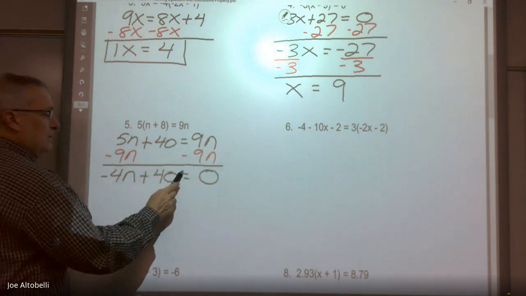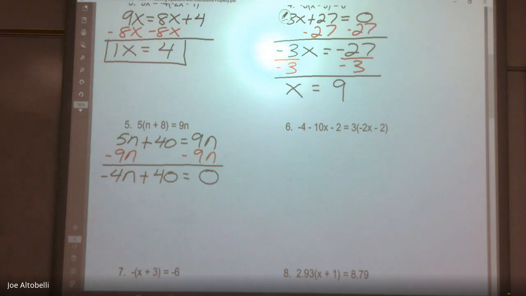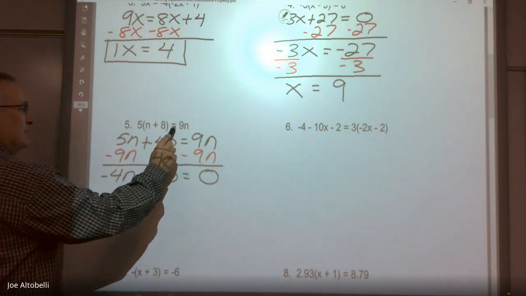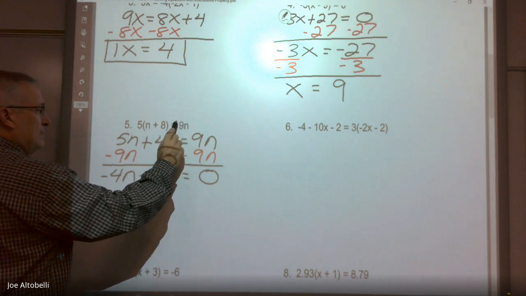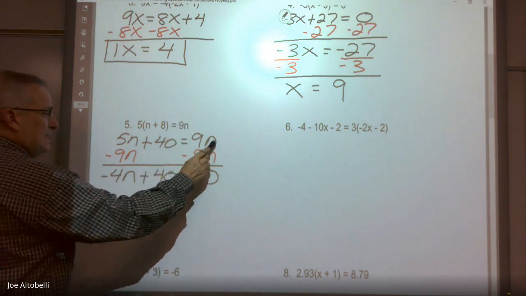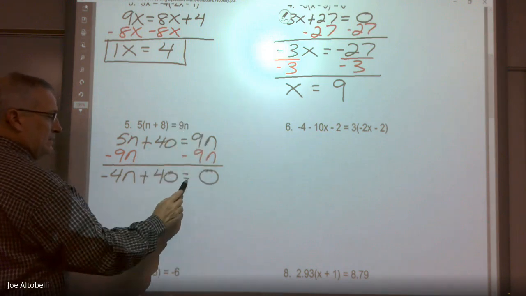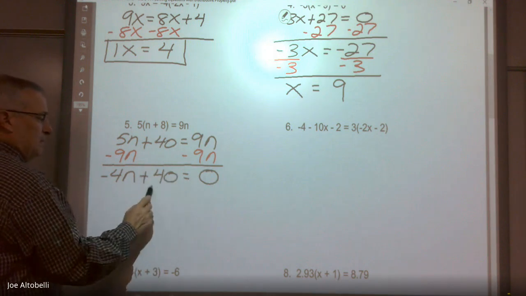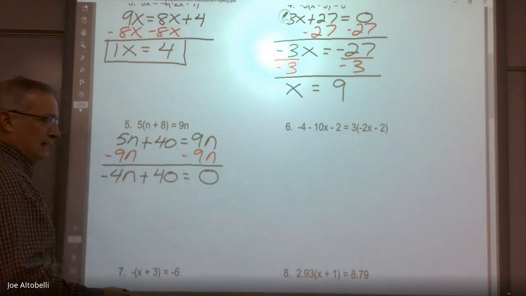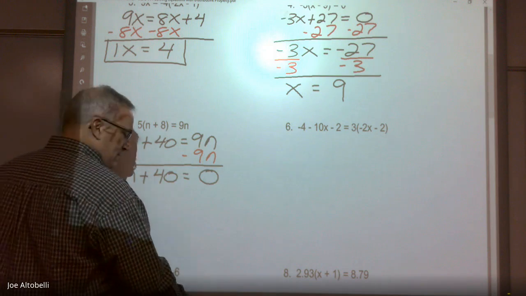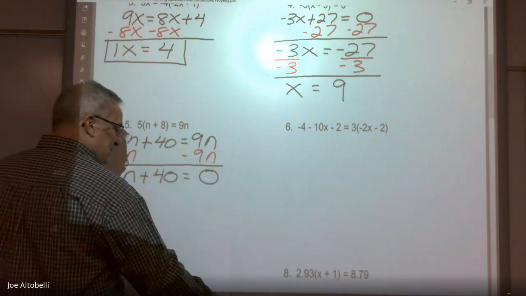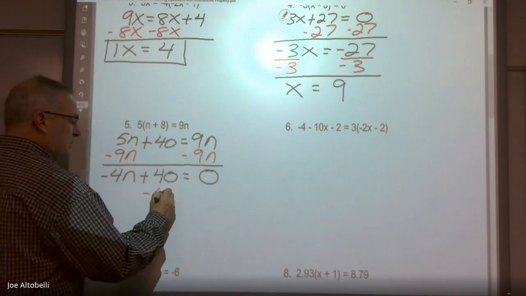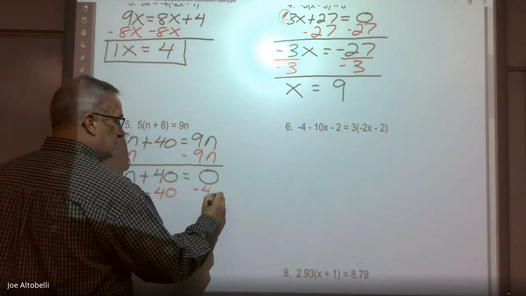Some of you put the equal sign in odd spots. The equal sign is to the left of the 9n, so it's going to stay left of the 9n until that is 0, and then it stays left of the 0. I can't just randomly move a number from one side to the other side. Okay? That process of moving it from one side to the other side is the subtracting 40.